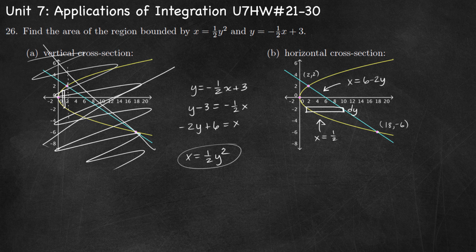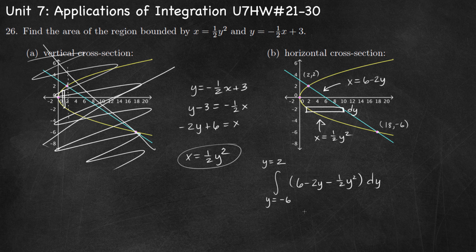x equals 1/2 y squared. Our integral, this is a dy now, so we're going from y equals negative 6 up to y equals 2. Right minus left, 6 minus 2y minus 1/2 y squared times dy.